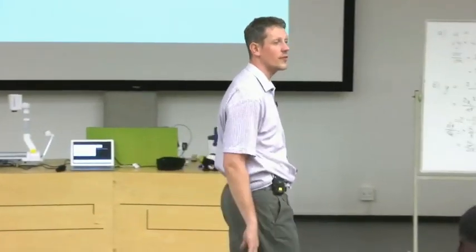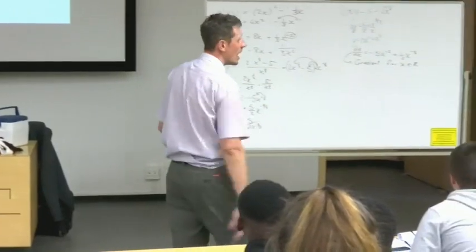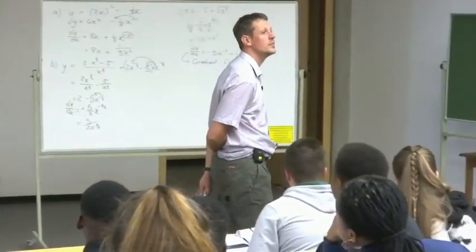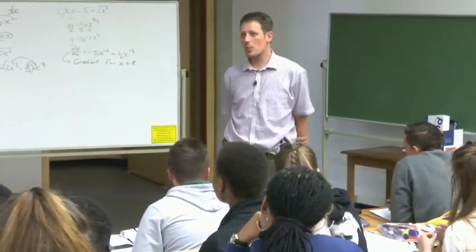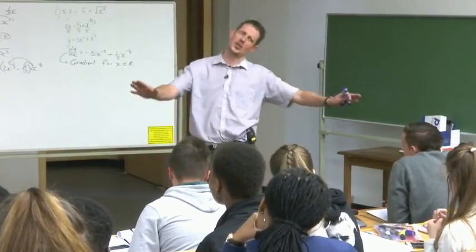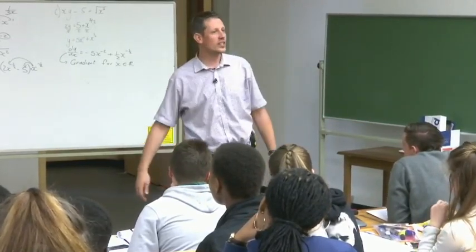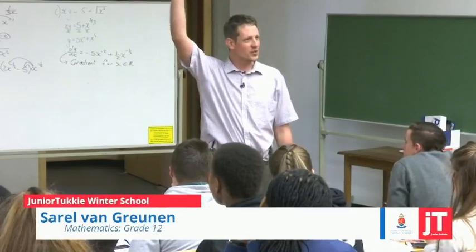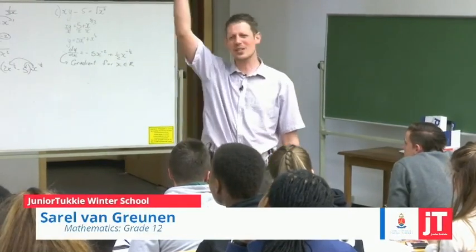There is a mistake in her statement. Her statement says it's the gradient for x, an element of real numbers, that dy over dx. Whom of you, by show of hands, and let's be honest, is going, but sir, there is no mistake? Be honest, come on.